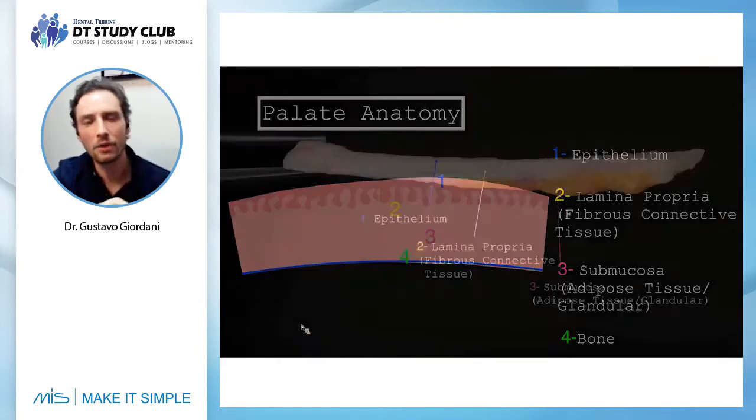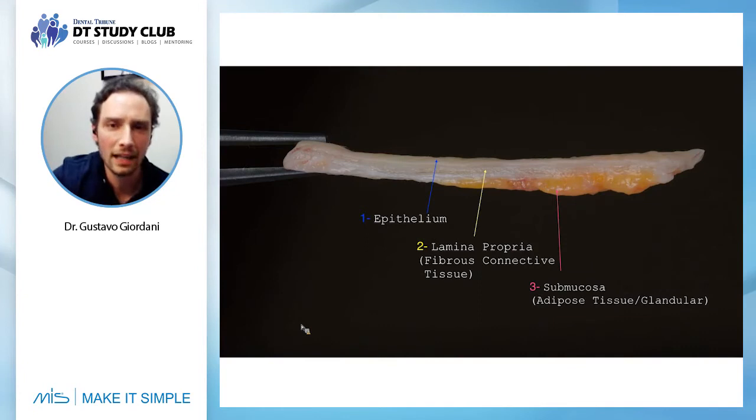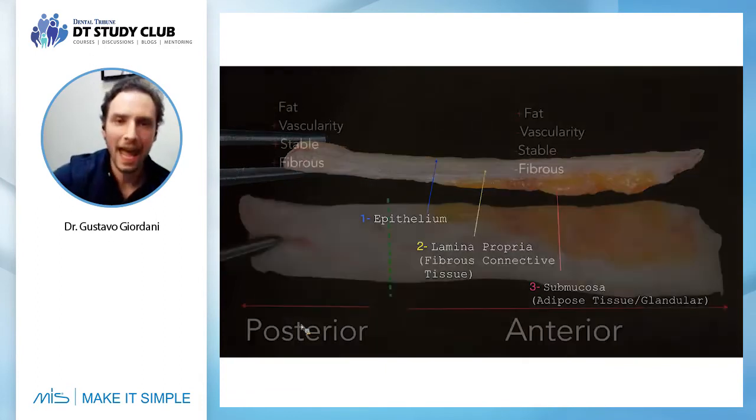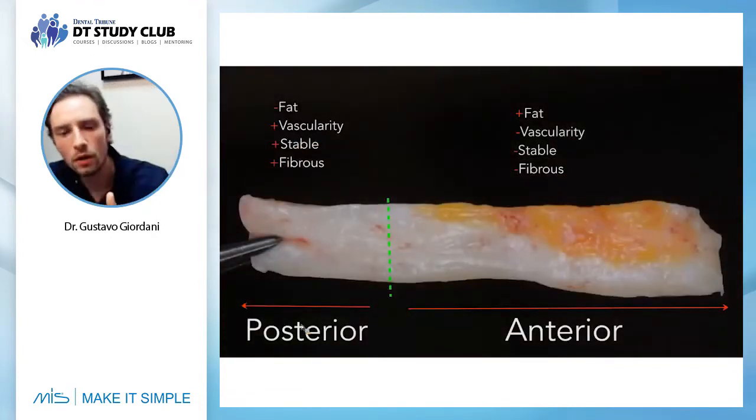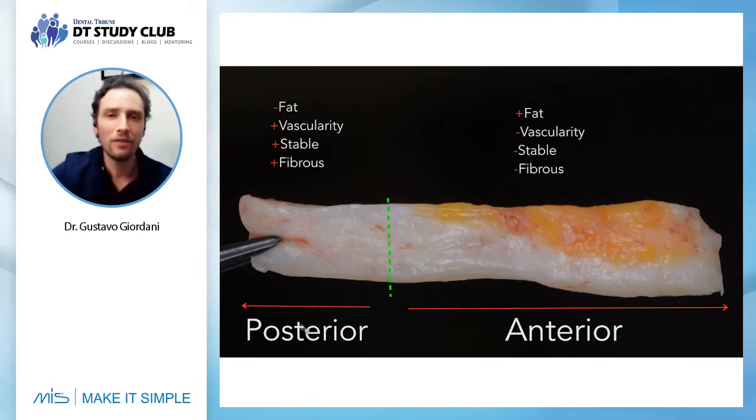If you remove a free gingival graft, you're gonna see exactly like this. You're gonna have the superficial part epithelium, lamina propria, and submucosa. And as much as we go to the anterior part of the palate, you're gonna have more fat, more adipose tissue, less vascularity, this is less stable, and we have less fibers.